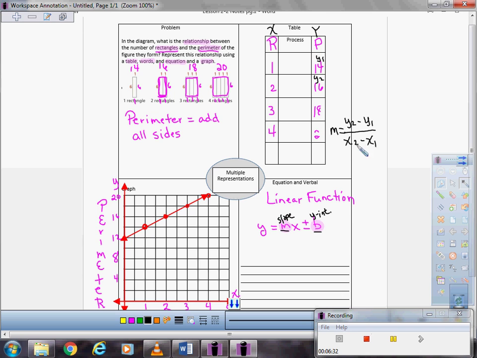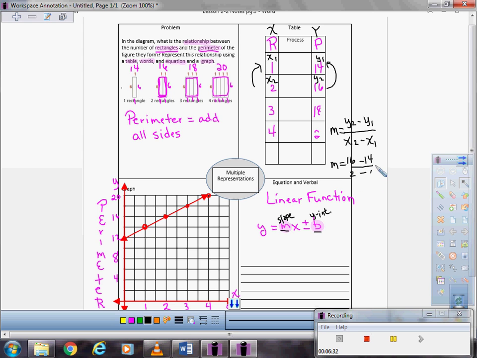Down at the bottom of your formula, it's asking for the second x, so that would be this number here, and your first x, that would be this number. So you simply need to plug them into your formula. So let's plug them in, let's see what we get. We got 16 minus 14. So 16 minus the 14. On the bottom, we want 2 minus 1.